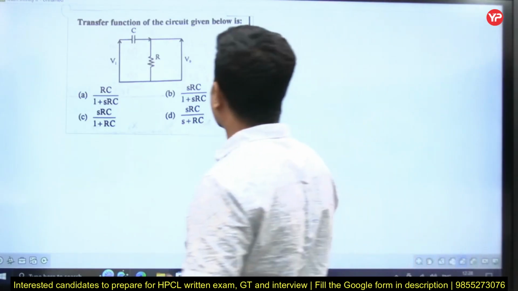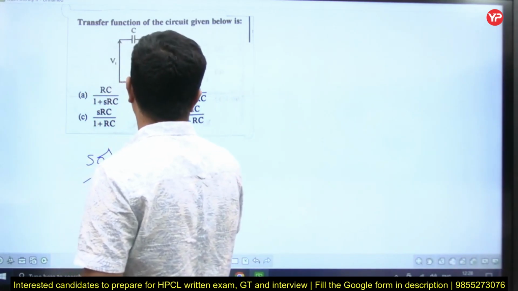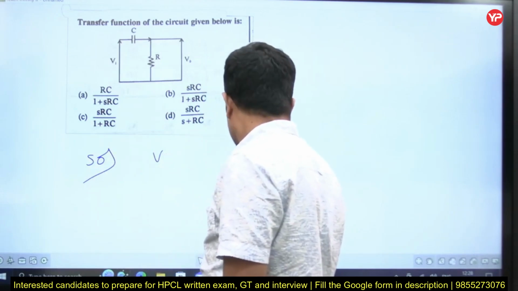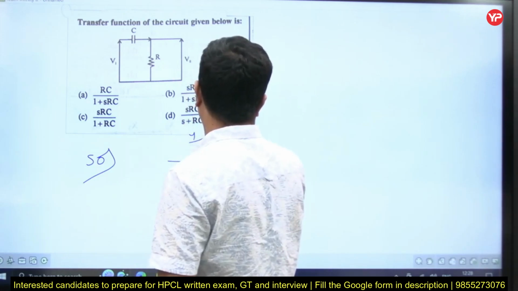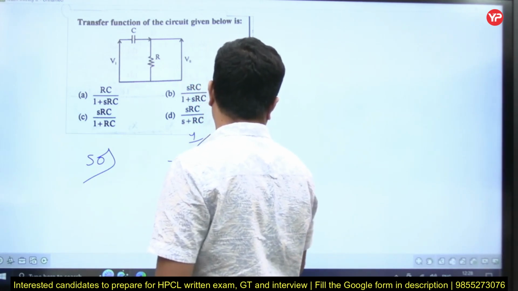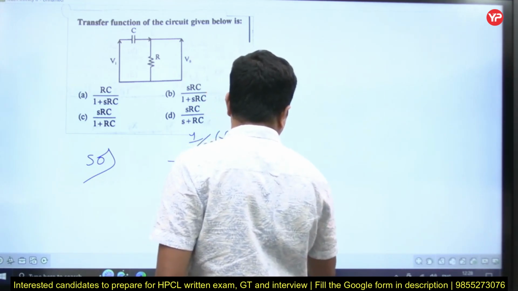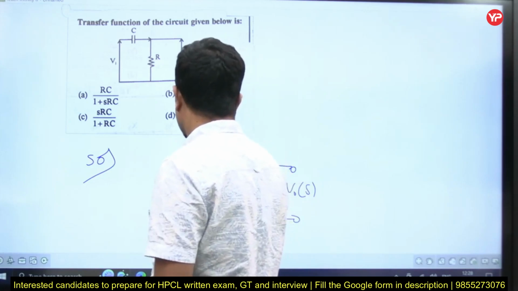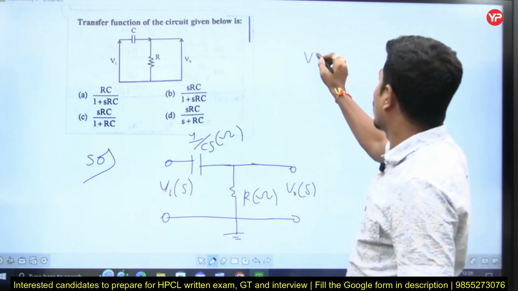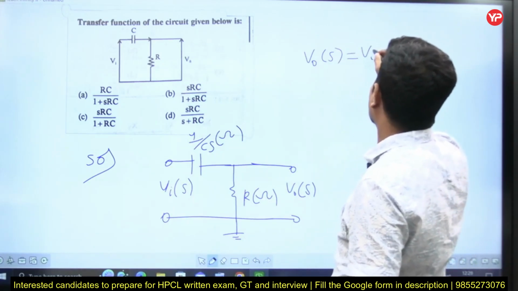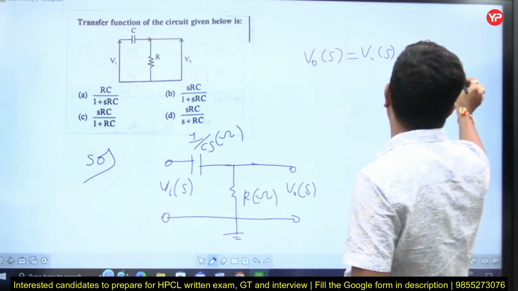The transfer function of the circuit given below: the transfer function means V0(s)/Vi(s). I told you that in the S domain, capacitance is represented as 1/Cs in ohms, and this is R in ohms. This is V0(s) and this is Vi(s). So the output voltage V0(s) is equal to the input voltage into the output impedance by the total impedance.